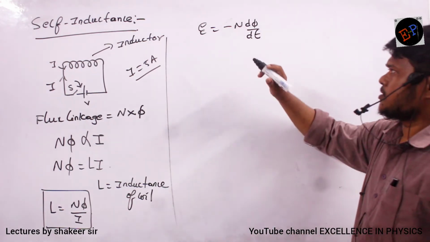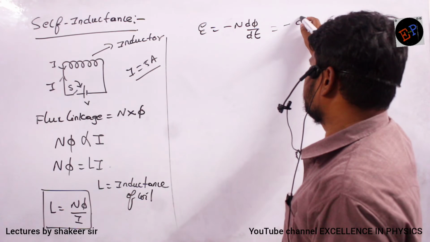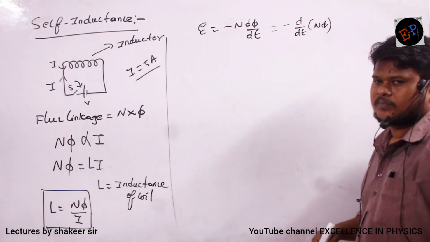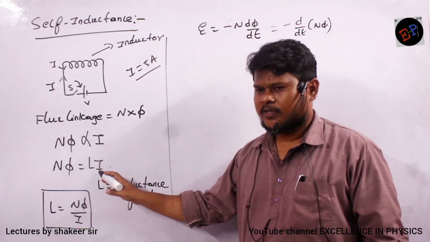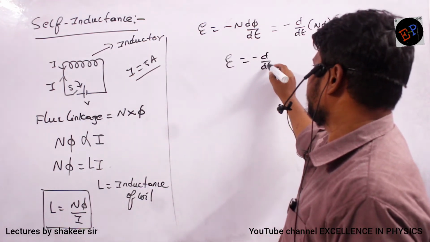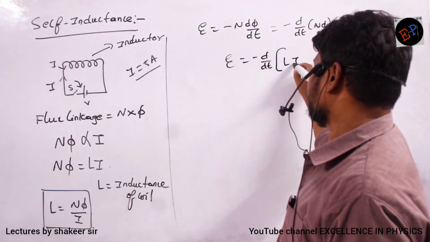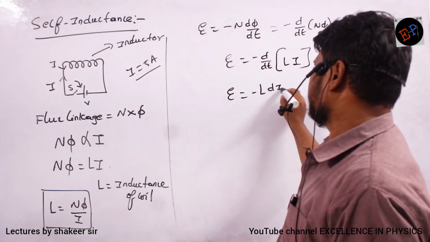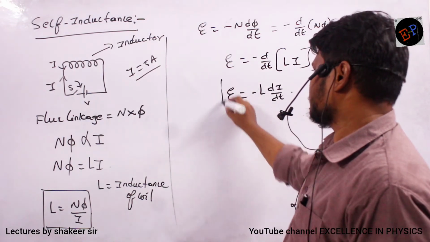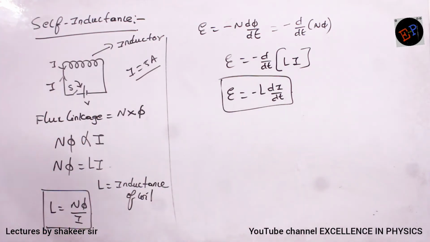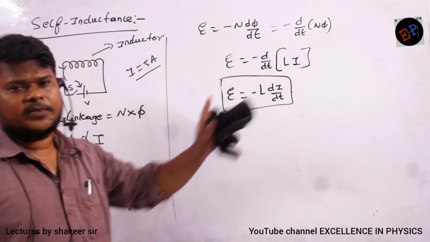I will take N also inside the brackets, so minus d by dt of N phi. N phi is nothing but L into I. Substitute. So EMF is equal to minus d by dt of L into I. L you take out of the differentiation, minus L dI divided by dt. So this is one more equation to calculate L value. So EMF induced is equal to minus L dI by dt.